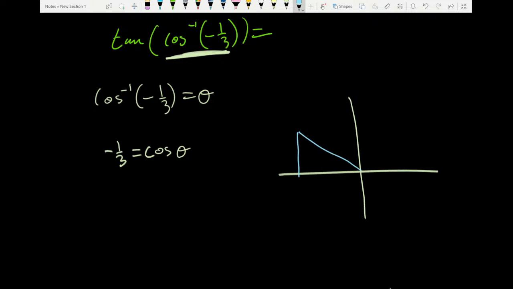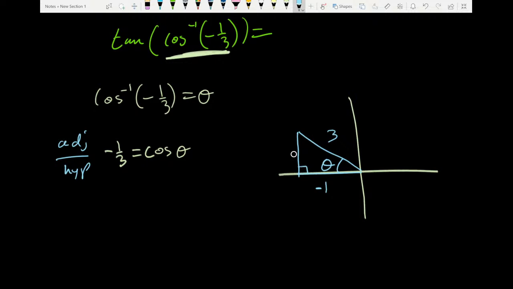And here is your theta. We could do it adjacent over hypotenuse, 1 and 3. Well, we got to put the negative on the 1. Hypotenuse could never be negative. And it makes sense because in the second quadrant, the x value is negative.